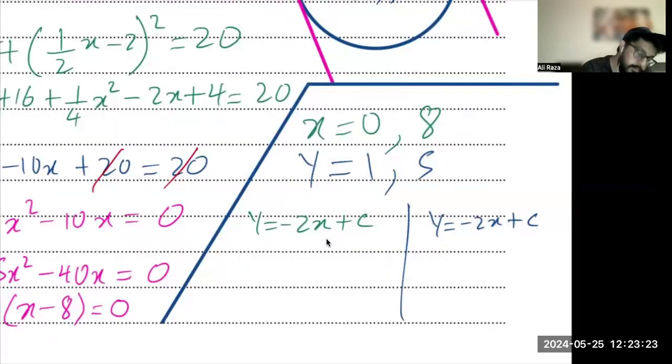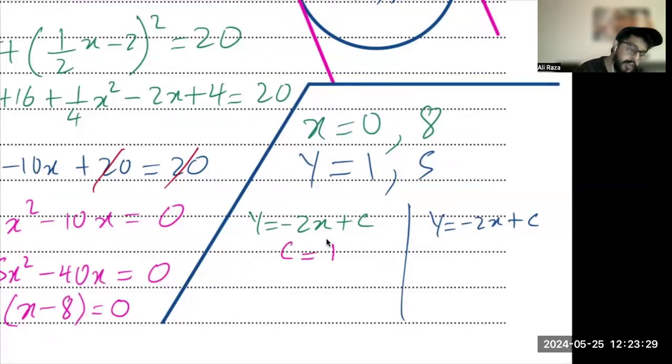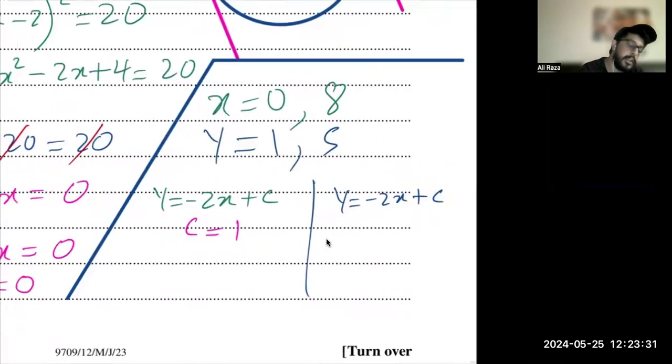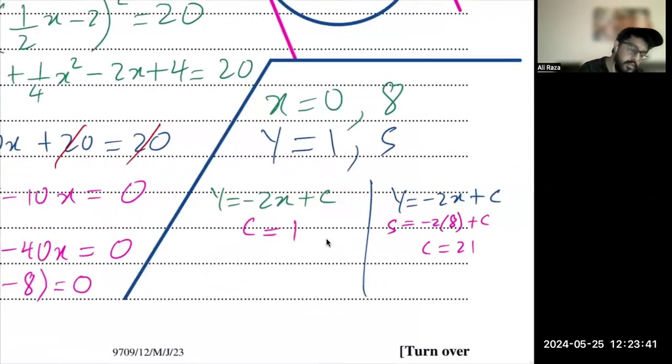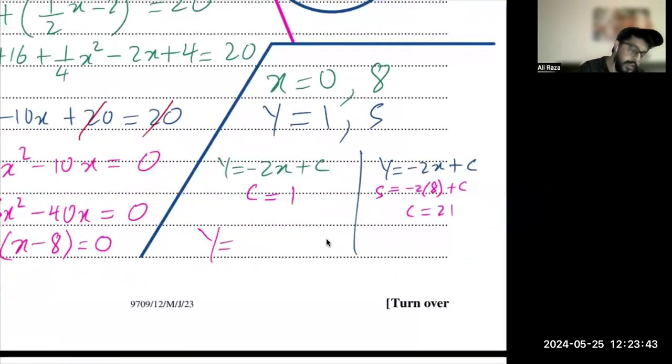So for 0, 1, c would have the value of 1, and for 8, 5, c would have the value 21. So the equations I get are minus 2x plus 1 and minus 2x plus 21.